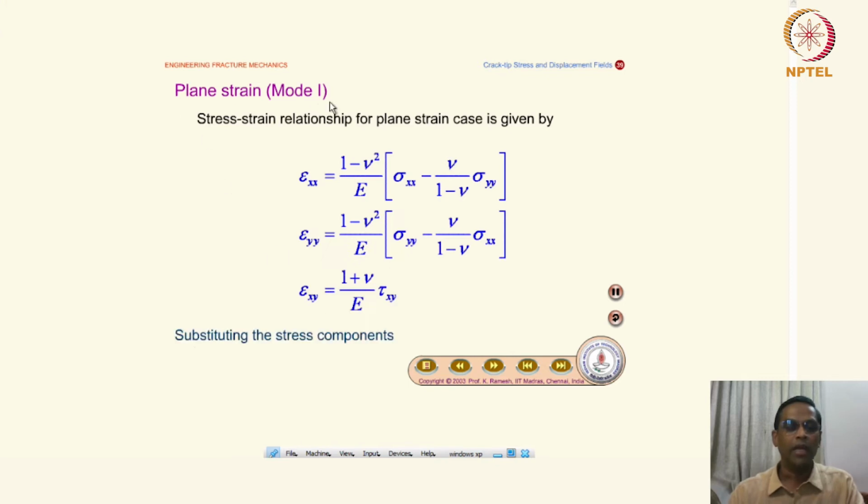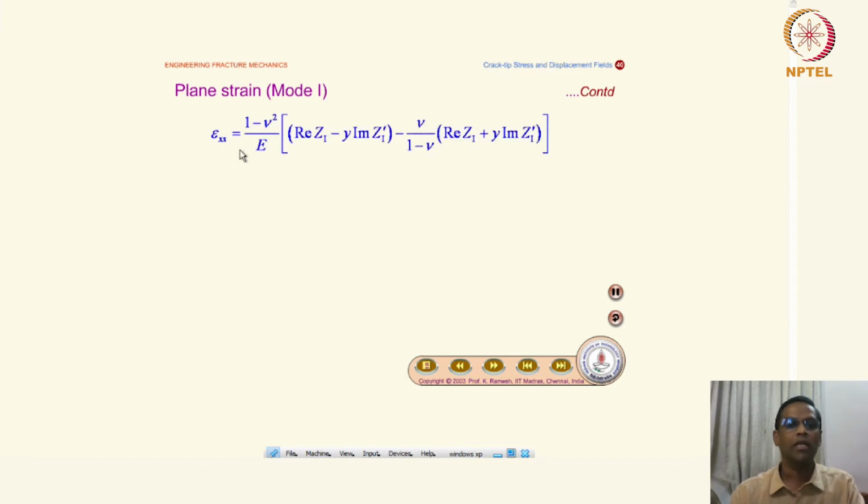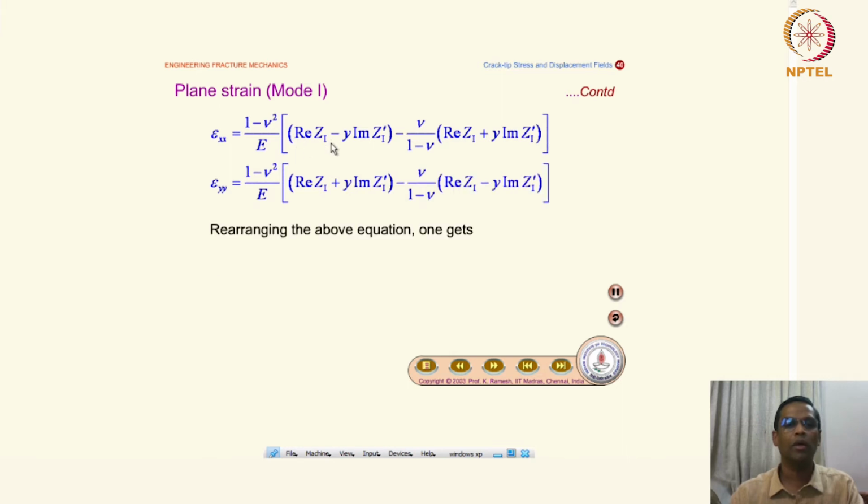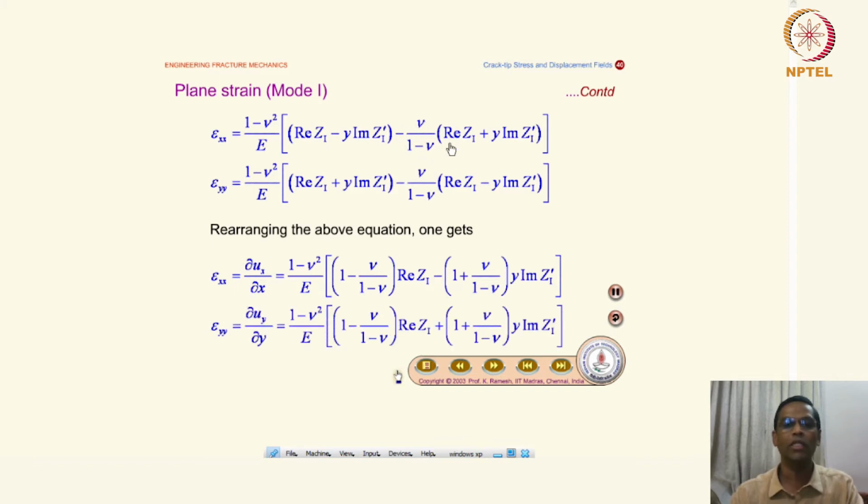Similarly, for the plane strain, for a mode 1, the stress strain relationship is modified by the elastic constants like this. Then substituting this, the stress components in the above equation will read like this, which is epsilon xx equal to (1 minus mu squared) by E into real part of z1 minus y, imaginary part of z1 prime, minus mu by (1 minus mu) into real part of z1 plus y, imaginary part of z1 prime.